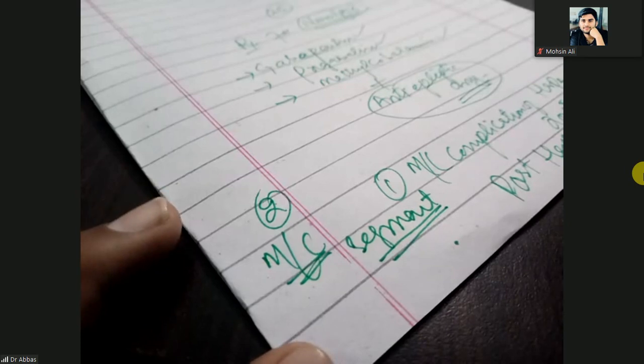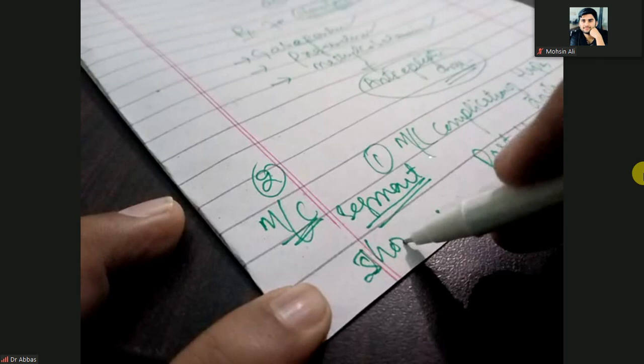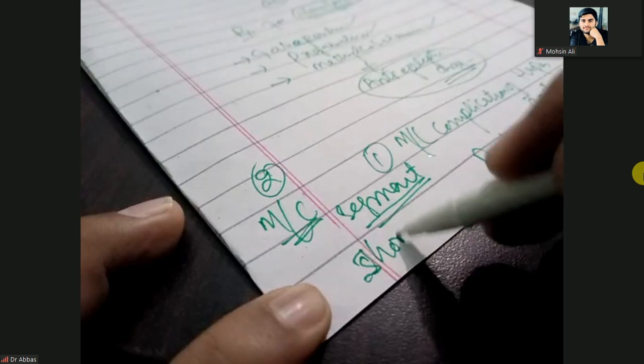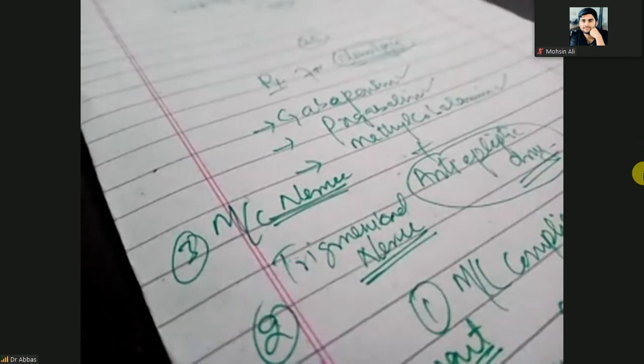That is the thoracic segment. Third, the most common cranial nerve involved is the trigeminal nerve. So these are three questions they can ask on herpes zoster.